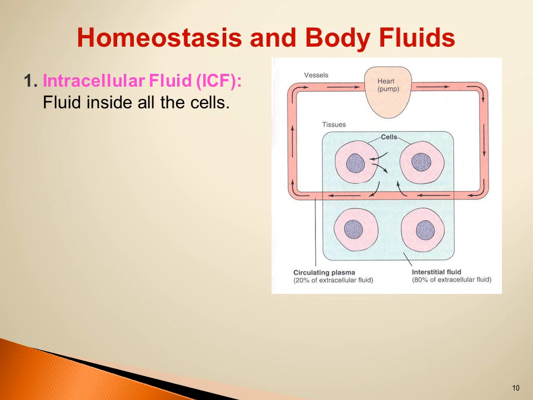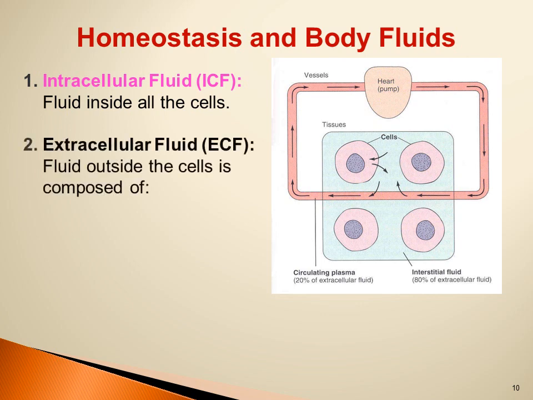These cells are bathed by an extracellular fluid that is present outside the cells, and it is composed of 2 main subcompartments. The fluid that exists between the cells is called the interstitial fluid.